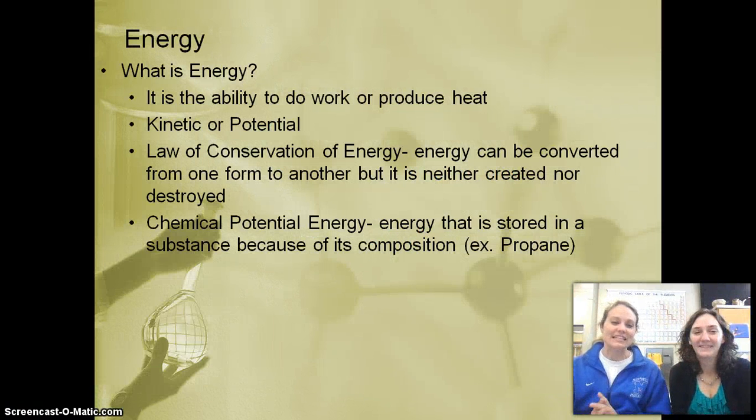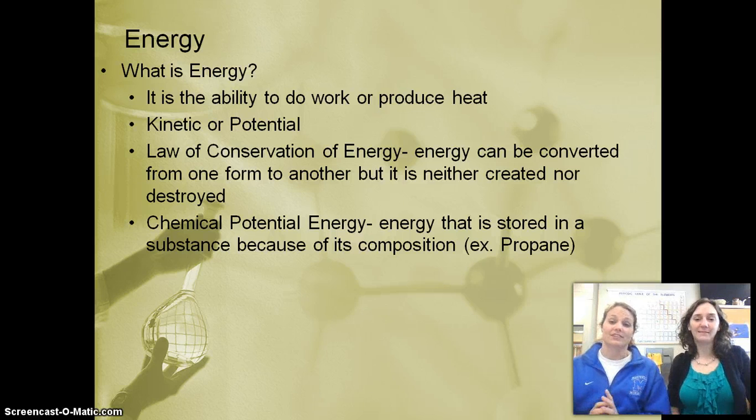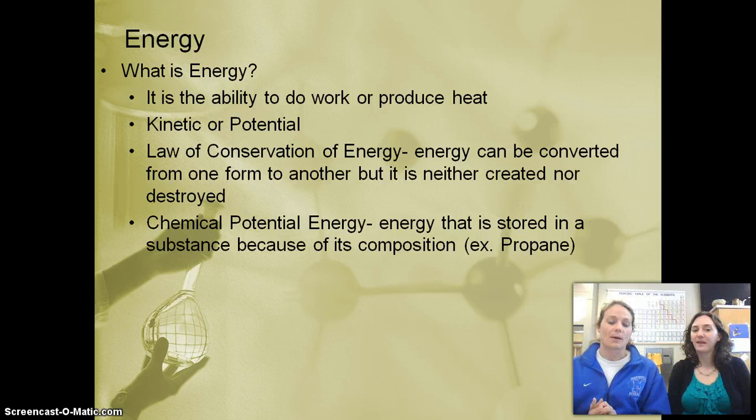Chemical potential energy is the energy that is stored in a substance because of its composition. So propane, we use that to heat our houses or to cook things or do lots of different things. Lots of carbons, hydrogens, oxygens that we can break bonds. We can produce energy once we break those bonds.